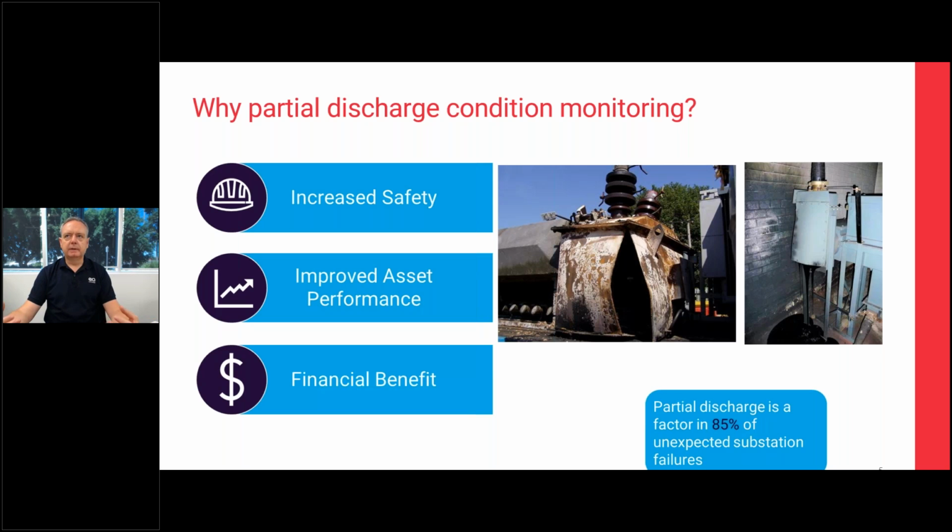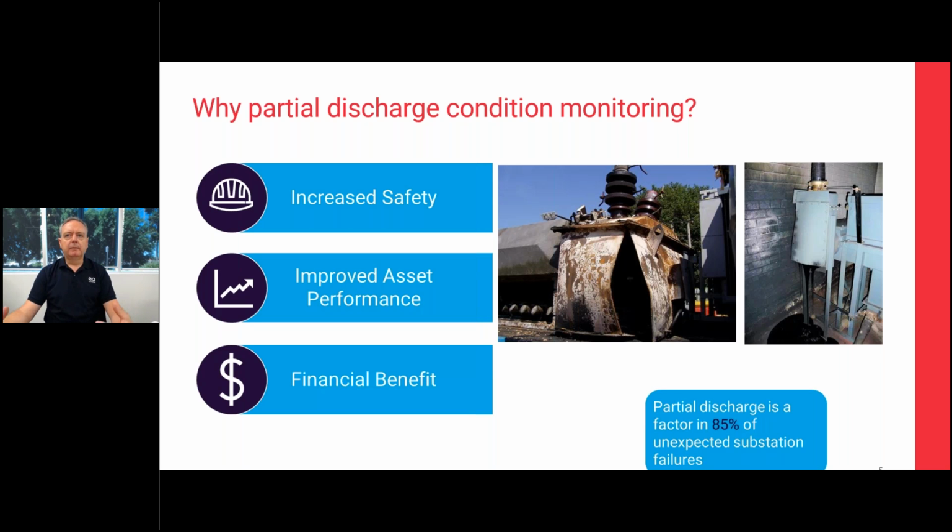If we can prevent that failure, or identify something that is under distress and starting to break down, we can increase our safety performance. That's always number one. Of course, improving asset performance: if we stop things blowing up, we're going to have better availability, better asset performance and longevity of the assets, and that's going to give us both the safety aspect and also the financial benefit at the end.